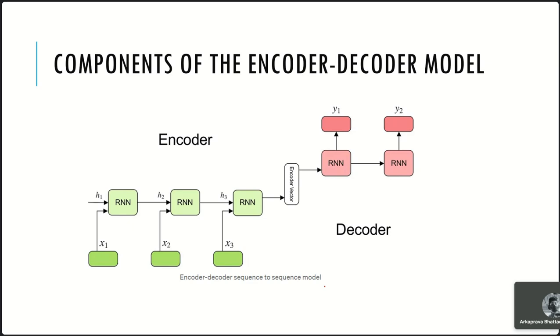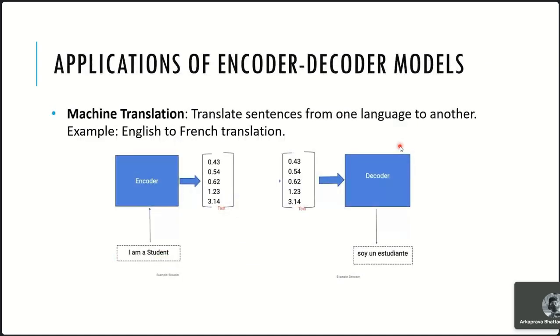So this is how the expanded form looks. X1 is fed inside the RNN, X2 is also fed, X3 is done the same. All of these are clubbed together, and all the outputs form a context vector or the encoder vector. On top of this, the individual RNNs are fed and we get our output.